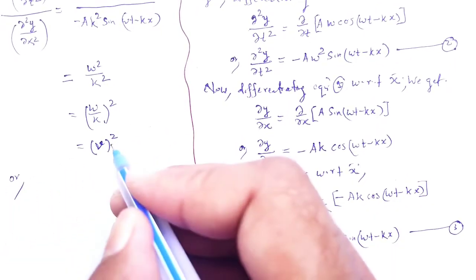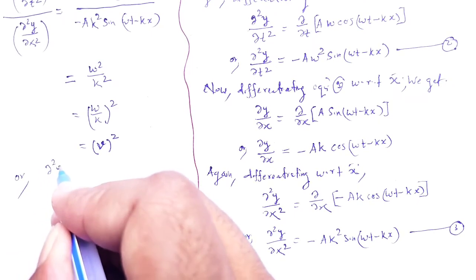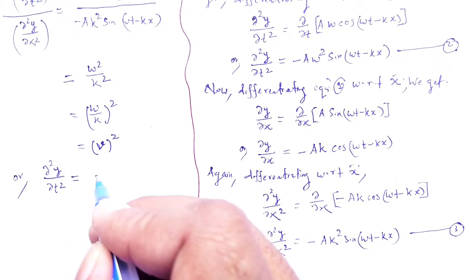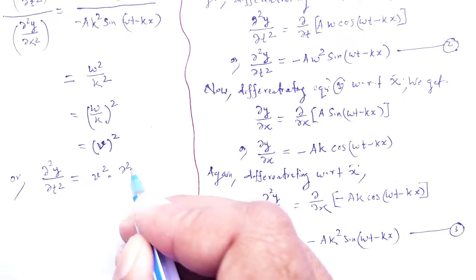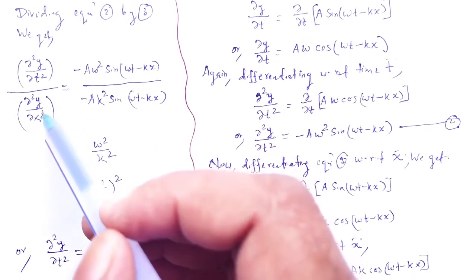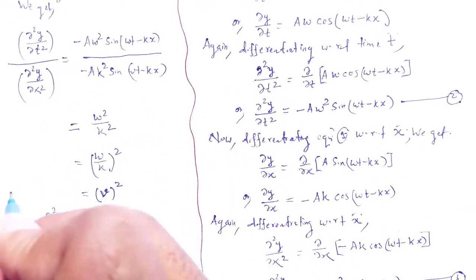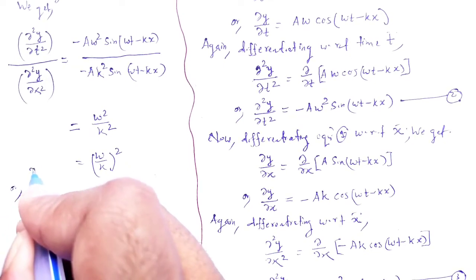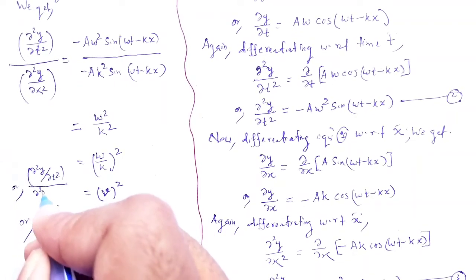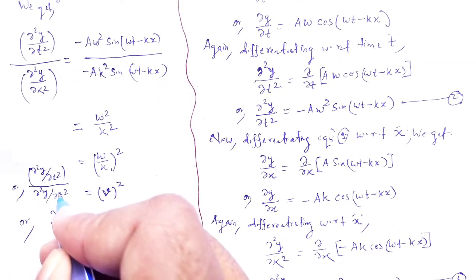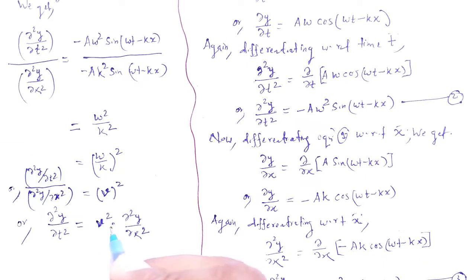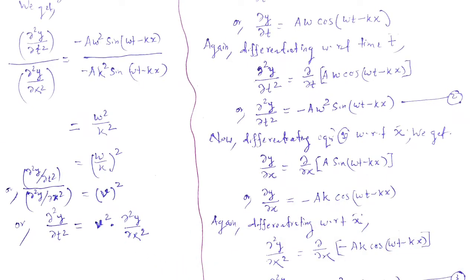Therefore del square y by del t square is equal to v square into del square y by del x square.